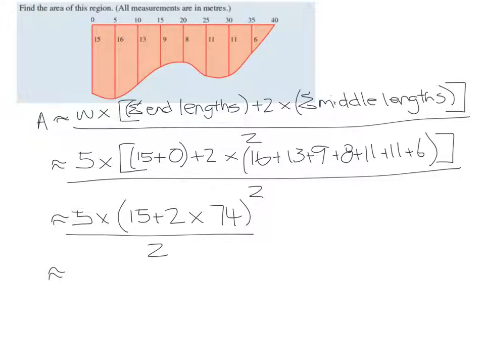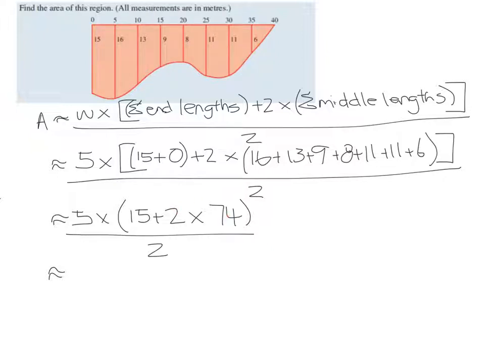So next, I'm going to actually do that sum. So what I want to do is actually do 2 lots of 74. So BIMDAS says brackets, but within the brackets, I've got an addition and a multiplication. And BIMDAS says I always do multiplication and division before I do addition and subtraction. So I do 2 lots of 74, and then I add on 15, and then I multiply that by 5.